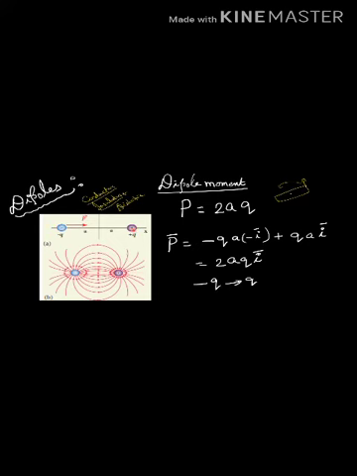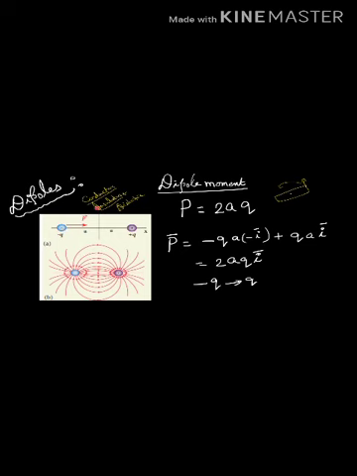The dipole moment is the product of the magnitude of any one of the charges and the distance between them. SI unit: coulomb meter. The line joining the two charges is directed from minus q to plus q.